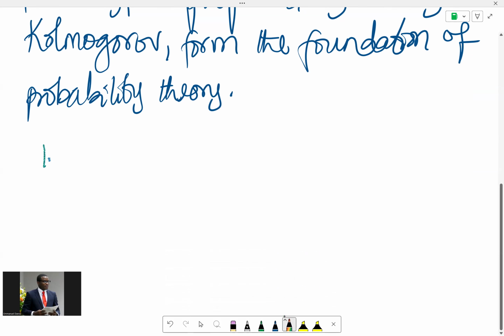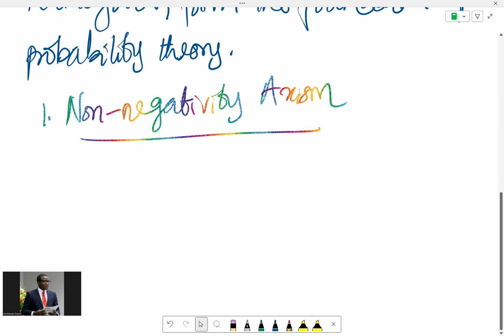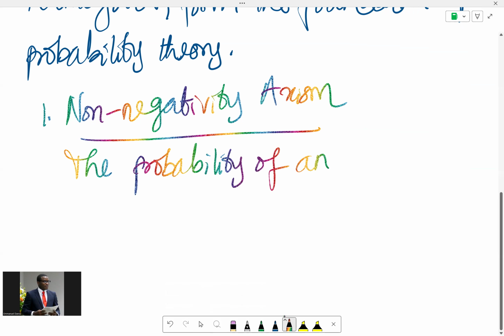The first axiom is the non-negativity axiom. This is that the probability of any event A is always non-negative.